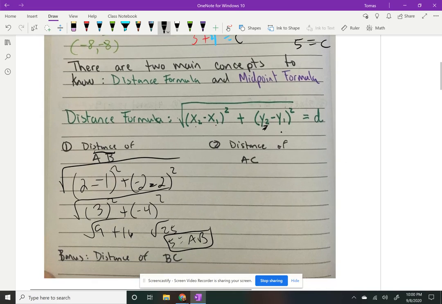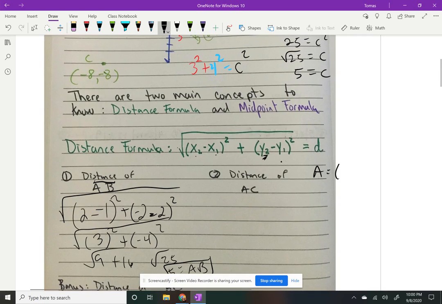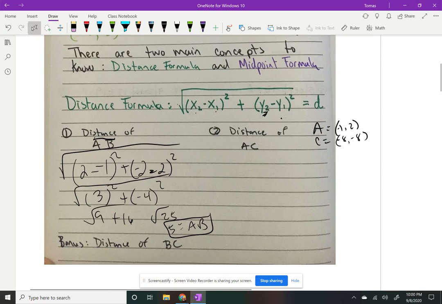So let's try doing A and C. A equals negative 1, 2, and C equals negative 8, negative 10. We're going to do it with the distance formula. We get x2, C will be our second point, minus x1, squared, plus y2 minus y1, squared.